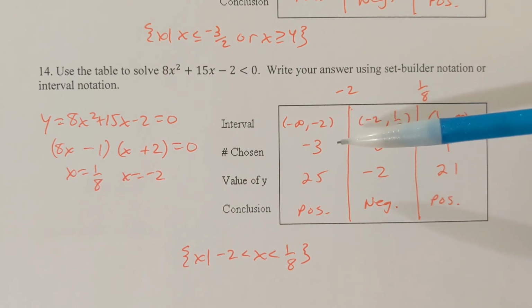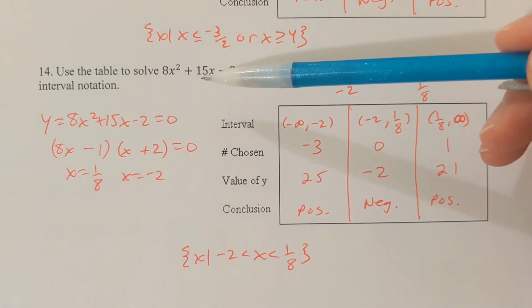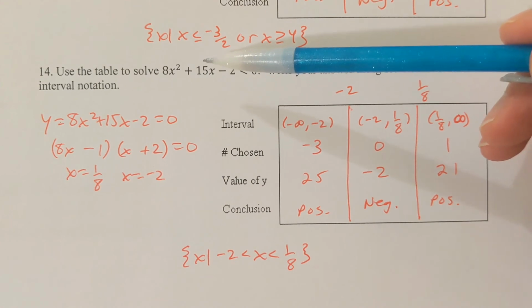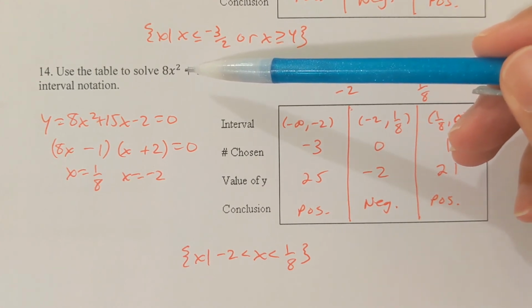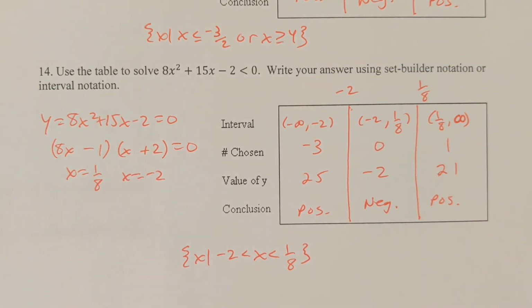The first number selected would be strictly less than negative 2. Negative 3 is good. So if x is negative 3, I get negative 3 squared is 9, times 8 is 72, minus 45, minus 2.